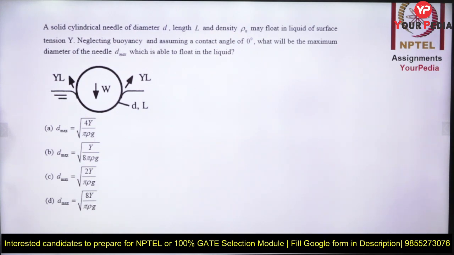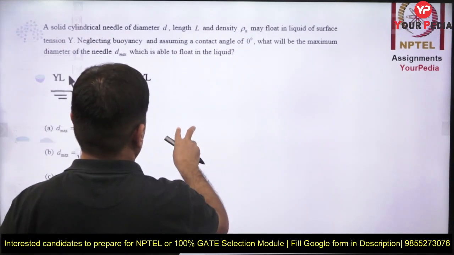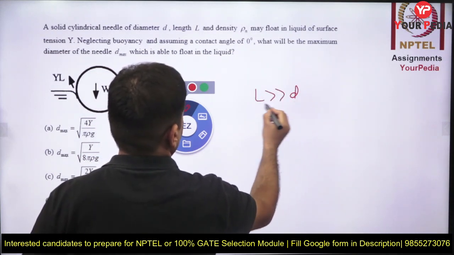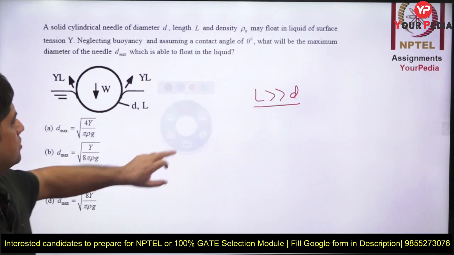Here, when we are calculating the surface tension, we are only considering the length to be far more than the diameter. That is the assumption we are taking here. That is the reason we are taking surface tension force as sigma into L plus sigma into L, 2 sigma into L, and then we are comparing it to the weight, and that way we are calculating the maximum diameter.